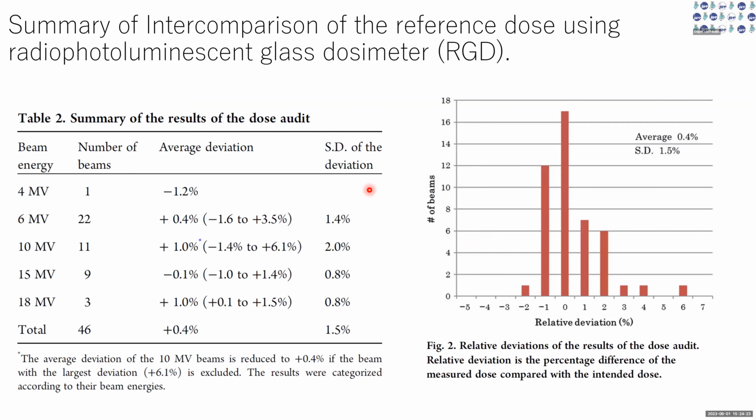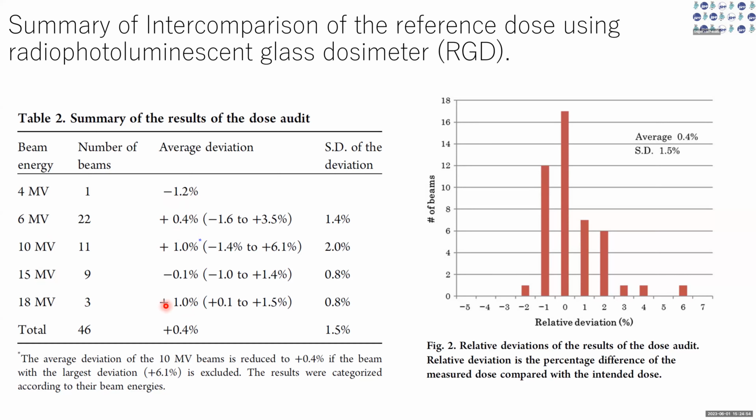So this shows the result of the audit using RGD. The majority of the beam energies are between 6 and 15 MV, and the deviation within 1% for these energies. For other energies the deviation was slightly higher than 1%.